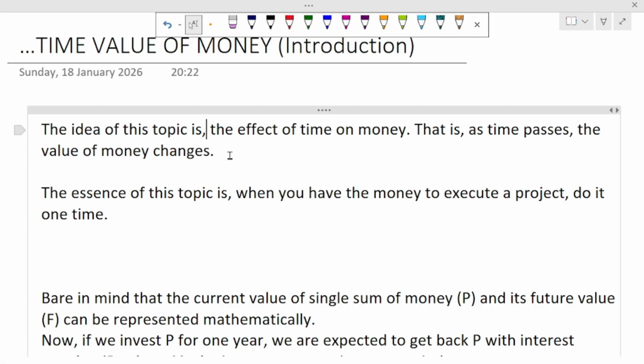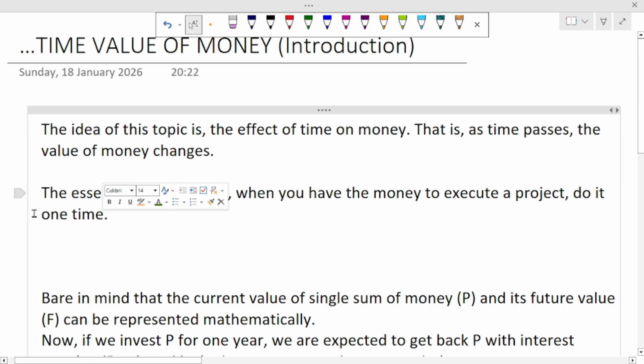The lecturer even gave an example with fuel price, and how much it changes. So the essence of this topic is, when you have the money to execute a project, do it on time. The more time you spend, the more expensive things are going to get.